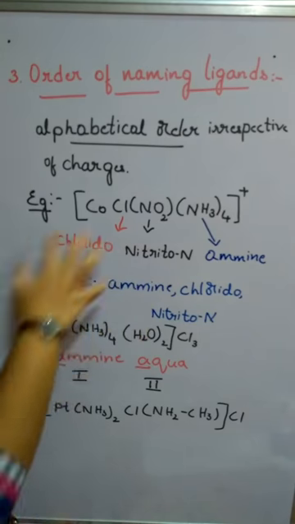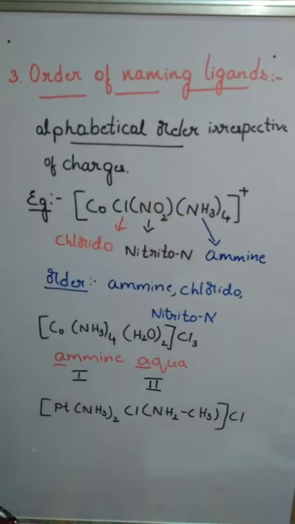But in the formula, they have just jumbled the ligands. So always remember, when writing the nomenclature, don't follow the formula as it is. Check the alphabetical order of the ligands, and then start writing the names.